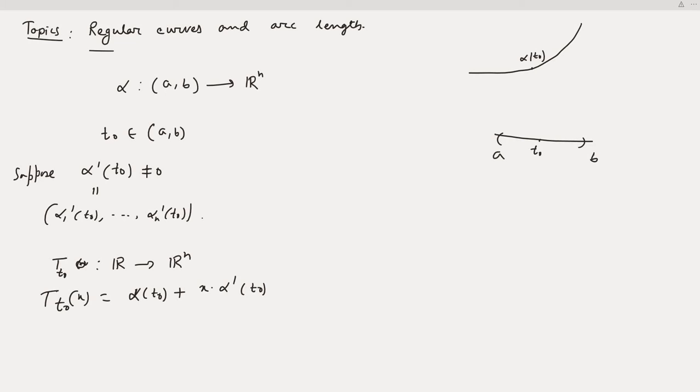So this is a parameterized straight line. What is the parameter here? The parameter is x.